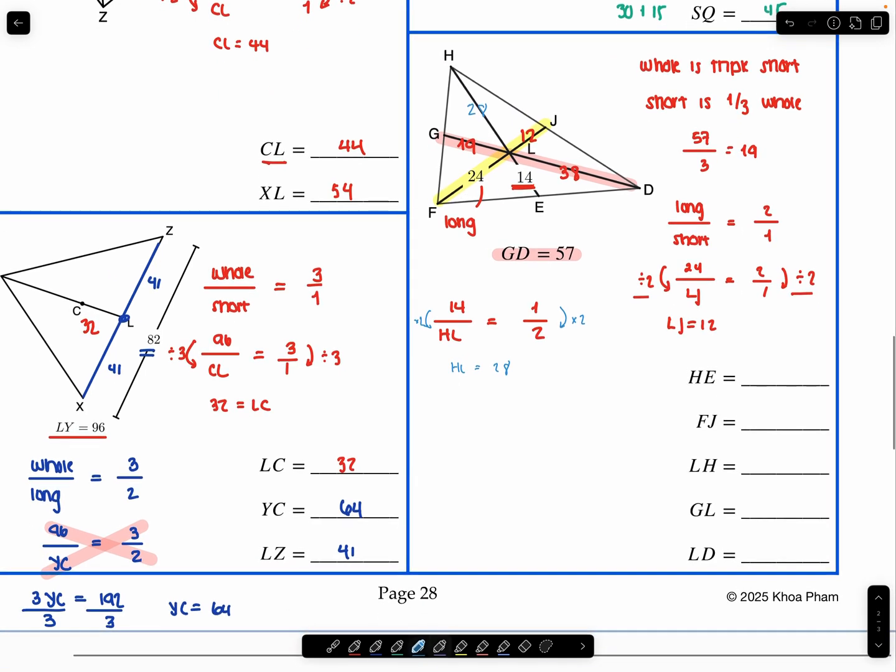So all of this said and done, what do we have? HE is going to be the 28 plus the 14, which is 42. FJ is going to be the 24 plus the 12, 36. LH, we found that was 28. GL, 19. LD, 38. And we are done.